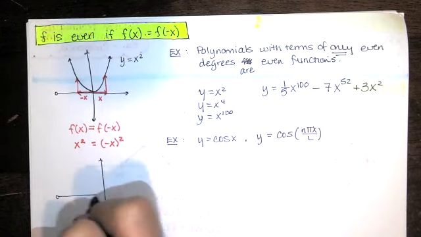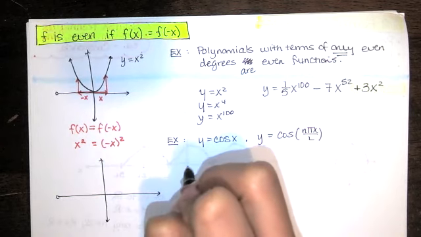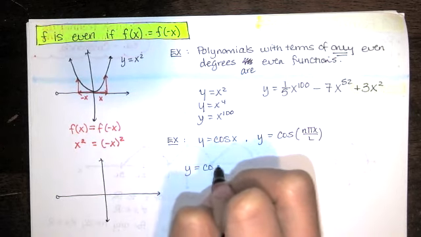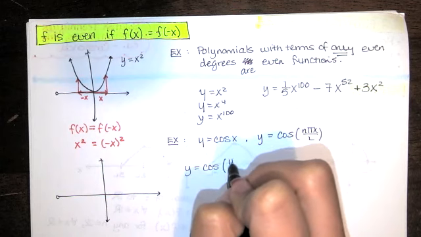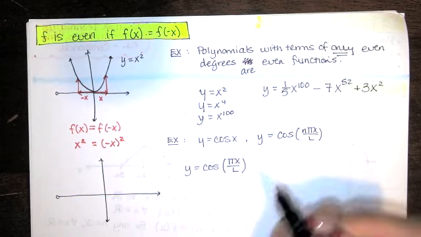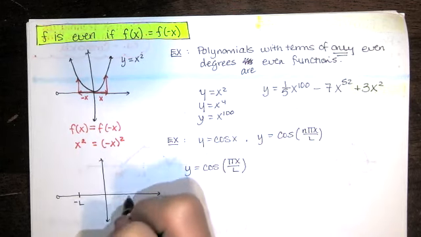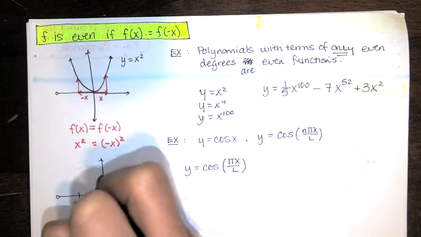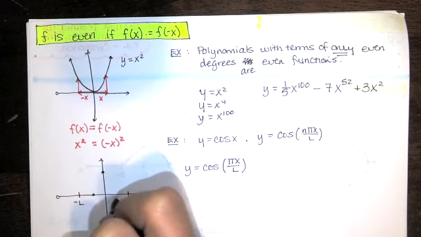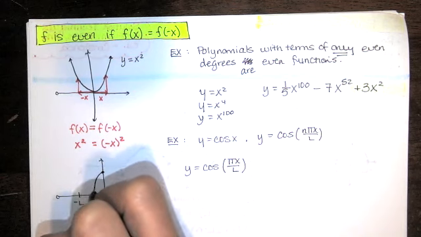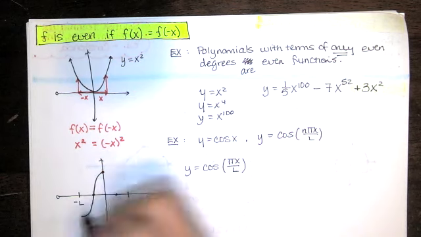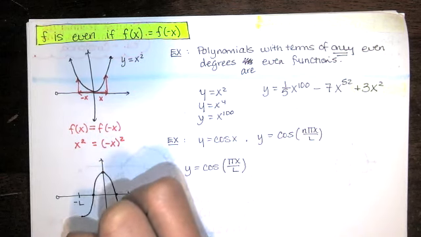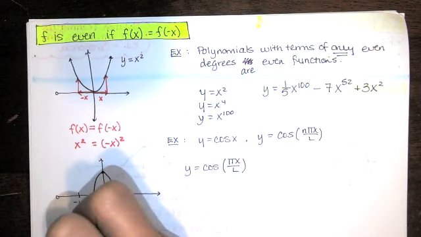So let's say we're looking at y equals cosine of pi x over L. We're on the interval from negative L to L, and we've got a graph that looks roughly like this. And of course, that pattern continues in both directions.